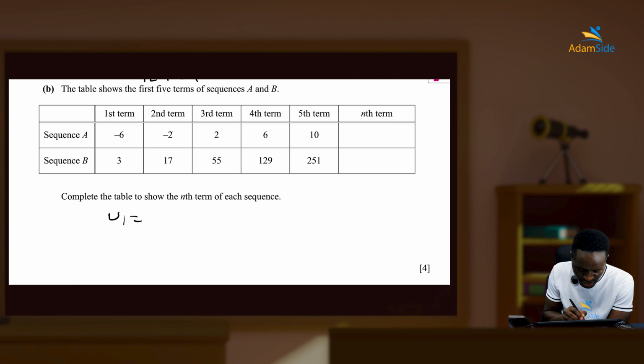The first term, u1, is negative 6. u2 is negative 2.